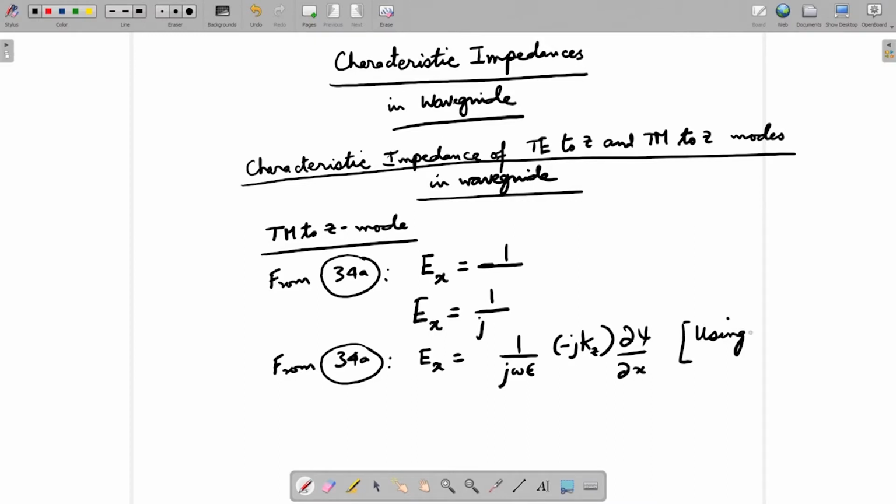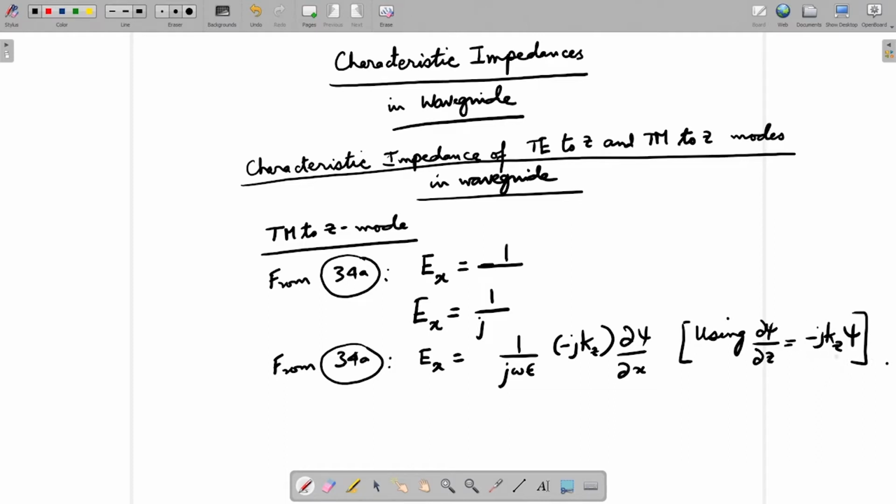using del psi del z as minus j k z psi, because the variation along the z direction of the psi function is assumed to be e to the power minus j k z z.